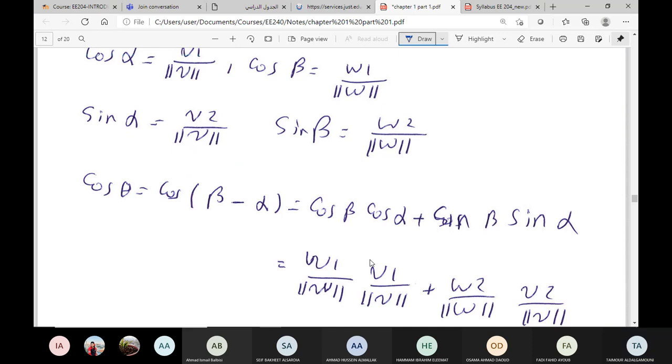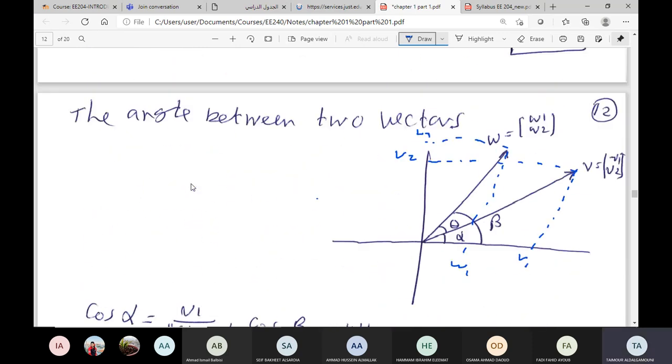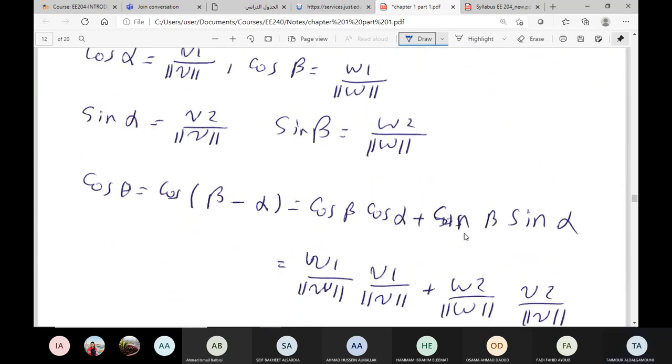Cosine theta, again, if you look at theta, theta is the angle between W and V, and it is equal to beta minus alpha, okay? So cosine theta, which is cosine of beta minus alpha, and we know from the identities that cosine of beta minus alpha is cosine beta cosine alpha plus sine beta sine alpha.